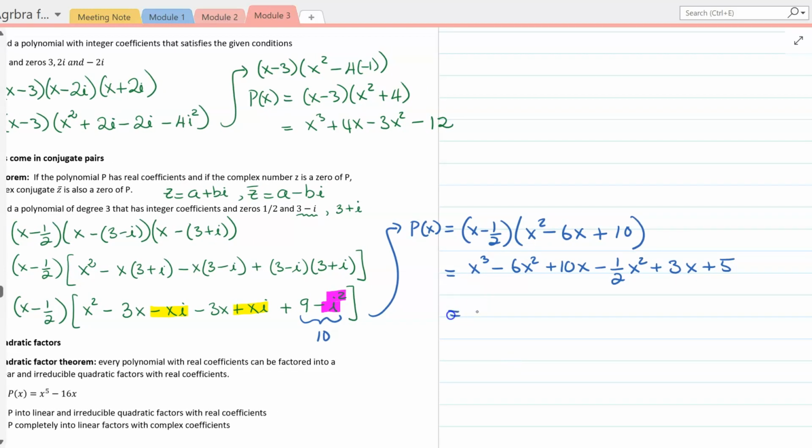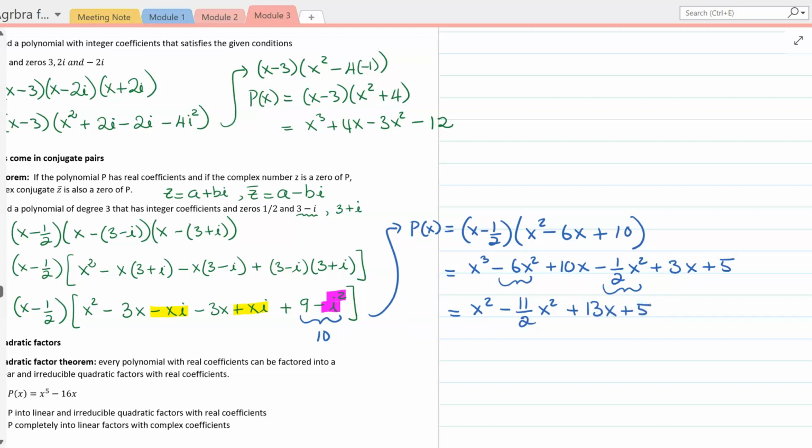And combining like terms, negative 6x squared with positive 1/2 x squared together become negative 11/2 x squared, plus 7x plus 5.